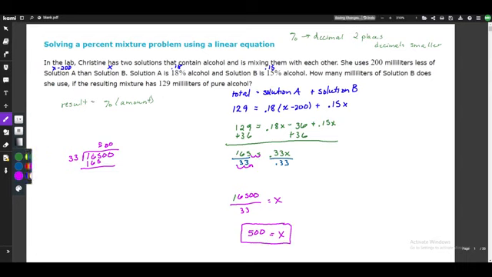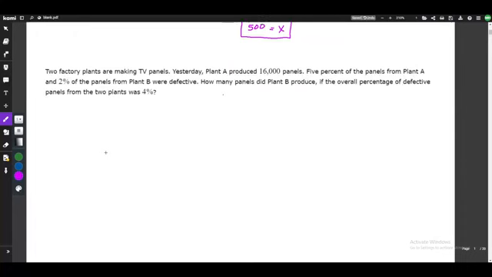So looking at another one, we're still talking percents. So problem number 2, just so that we have another example: 2 factory plants are making TV panels. Yesterday, plant A produced 16,000 panels. 5% of these panels from plant A and 2% of the panels from plant B were defective. So 0.05, 0.02.